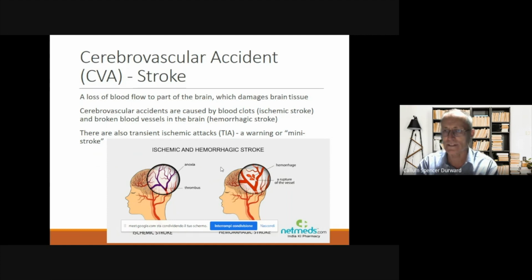This is called an ischemic stroke. The second type is where there's a broken blood vessel in the brain, or a hemorrhagic stroke. There's also a condition called the transient ischemic attack, or TIA, which is a warning for an impending stroke. Sometimes we call this a mini stroke.